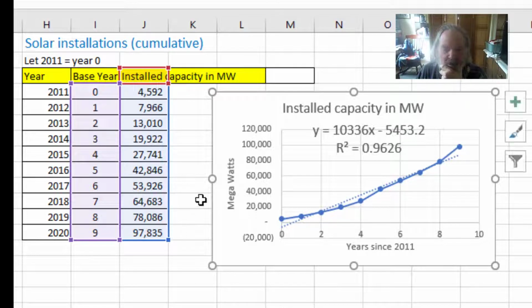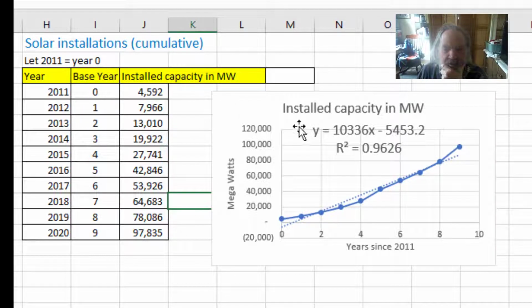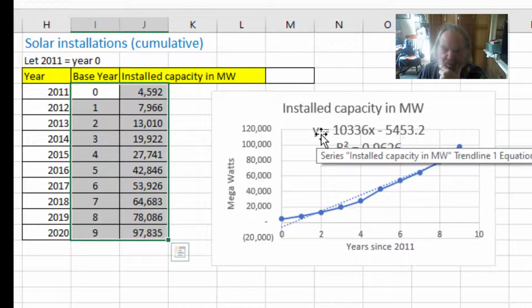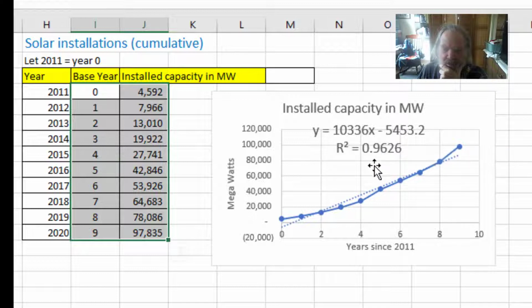So here is our first chart, and this is using solar, and this is the data. Basically, I highlighted all the data, created a chart, and then created a trend line. This is a linear trend line that has an R squared of 0.96, which is really high.